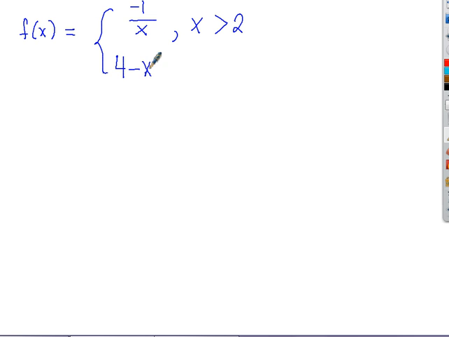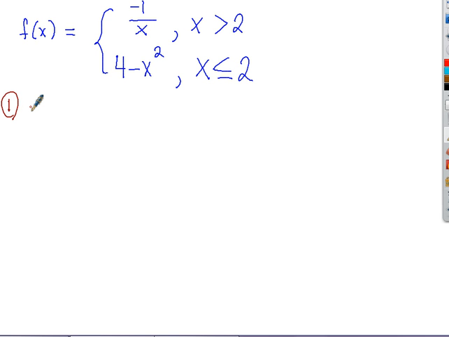One-sided derivative. So f of x is equal to the equation of so my first question would be, find all the places where, I guess the only question I should say.